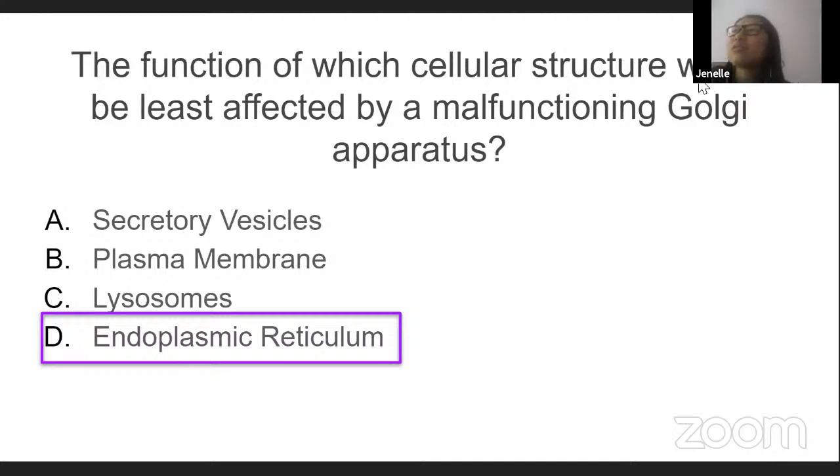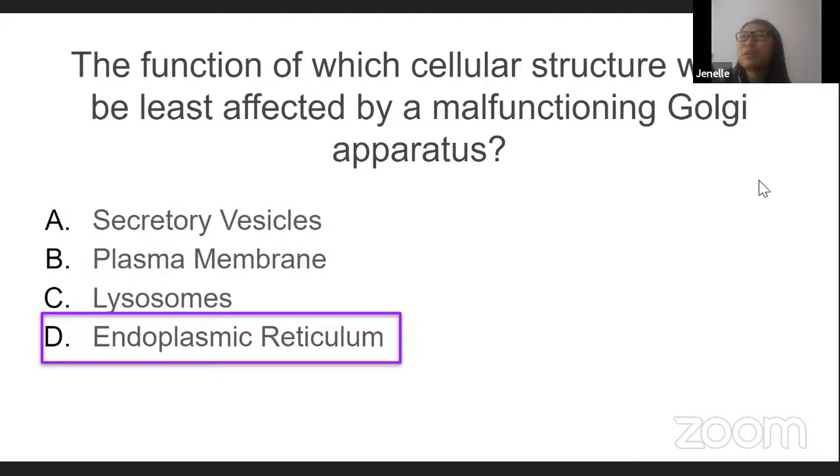Okay, how wouldn't the plasma membrane be affected? So it would be affected. The plasma membrane would be affected.